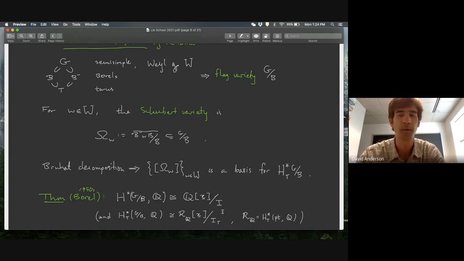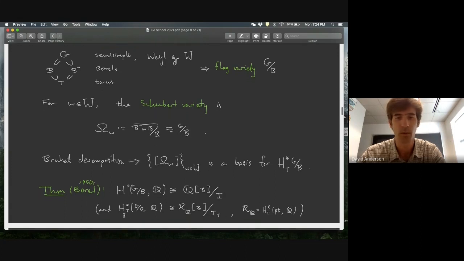And he told us what the ideal is. It's some ideal of Weyl group invariants. His proof works for equivariant cohomology as well. So he shows that there's a similar presentation where you replace Q by whatever the equivariant cohomology of a point is. This is some polynomial ring. And there's some kind of variation of the ideal.